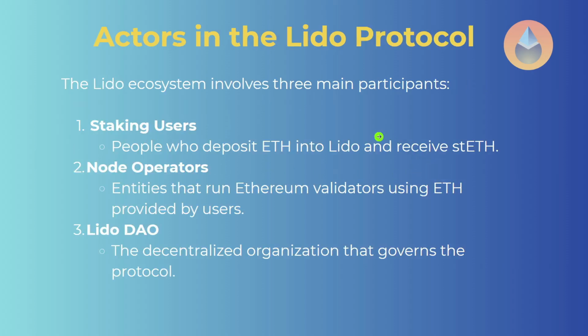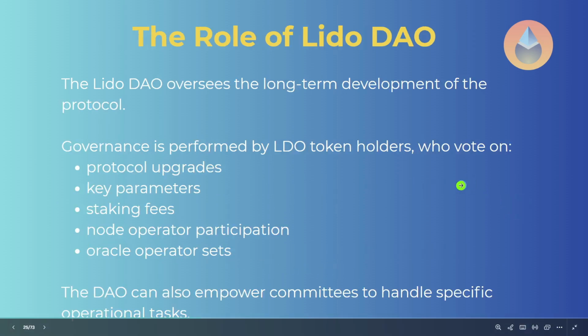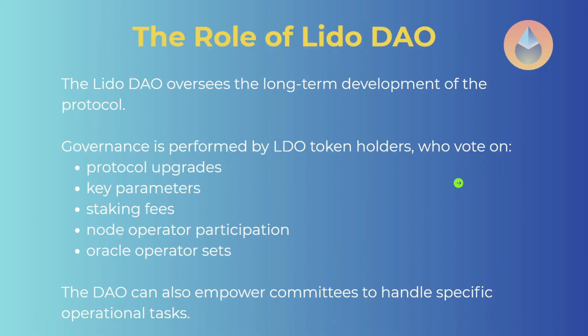So the actors in the Lido protocol are basically 3. The staking users, so the people who deposit ETH into Lido and receive stETH. The node operators, so entities that run Ethereum validators using ETH provided by users. And the Lido DAO, which is the decentralized organization that governs the protocol. So, what is the role of the Lido DAO?